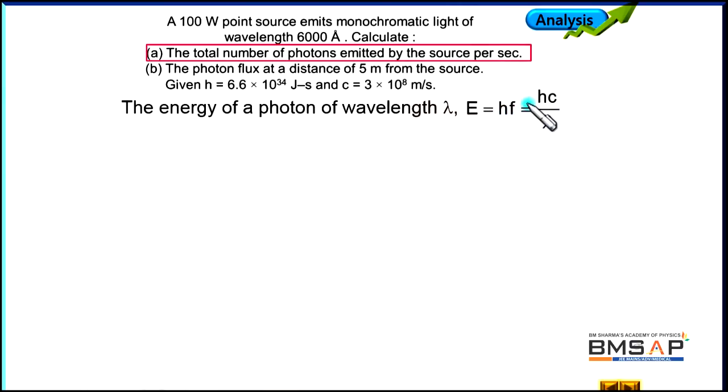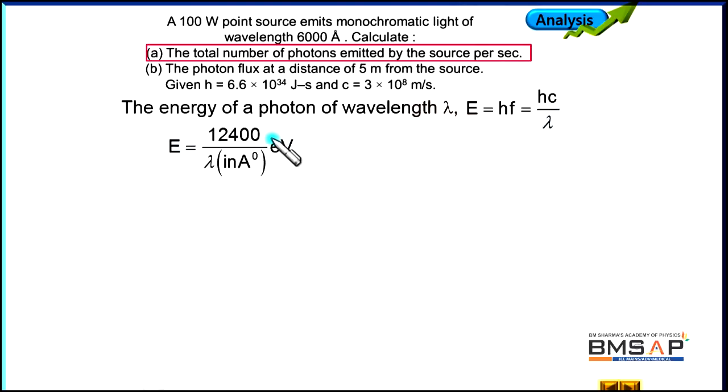This is equal to hc divided by lambda, and we know h multiplied by c is always a fixed value, and here for calculating the energy of a photon we use a ready-made formula which saves our time. So here we can write E equal to 12400 divided by lambda, and lambda here should be in angstrom.